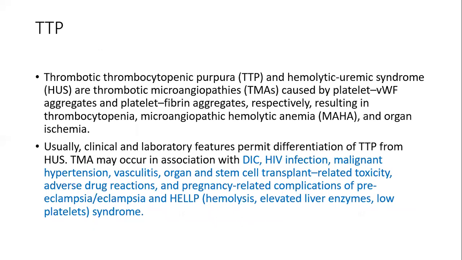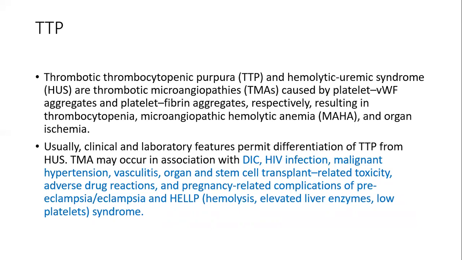Then coming to TTP and hemolytic uremic syndrome, both TTP and HUS come under thrombotic microangiopathies caused by either platelet von Willebrand factor aggregates or platelet fibrin aggregates respectively, resulting in thrombocytopenia, organ ischemia, and microangiopathic hemolytic anemia.